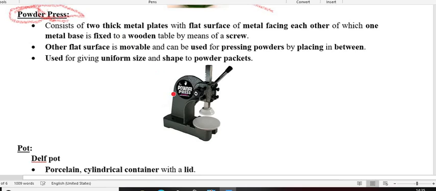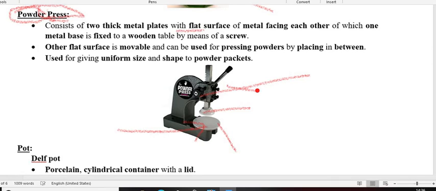This powder press has two thick metal plates with flat surfaces facing each other, and one metal face is fixed and another is moving. This is very important, and it is used for pressing the powder by placing the powder in between them.